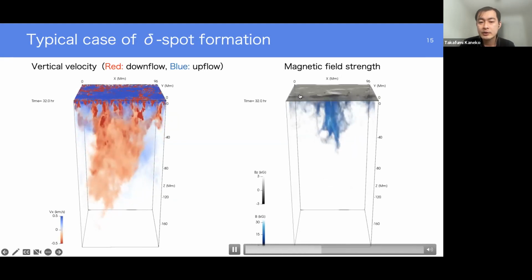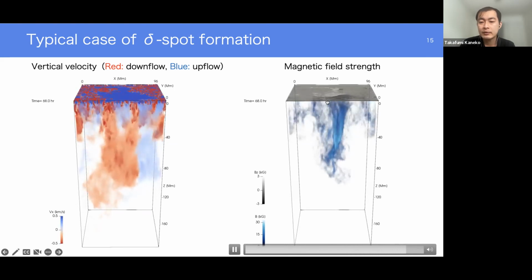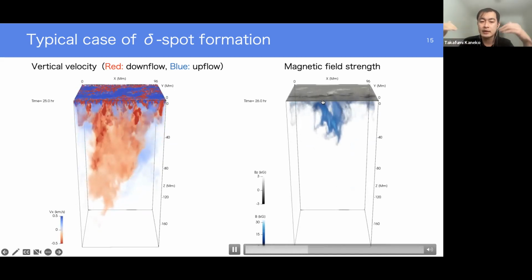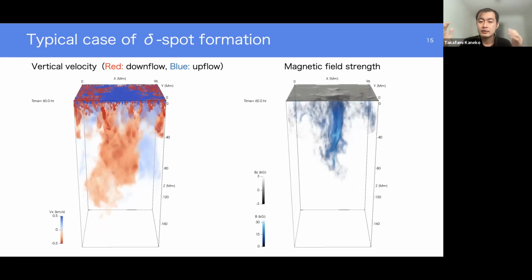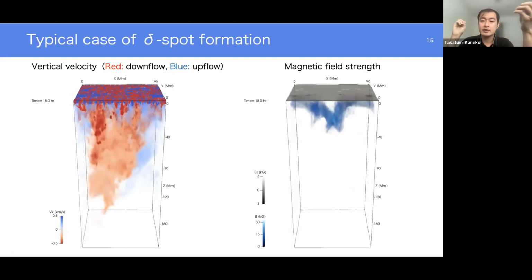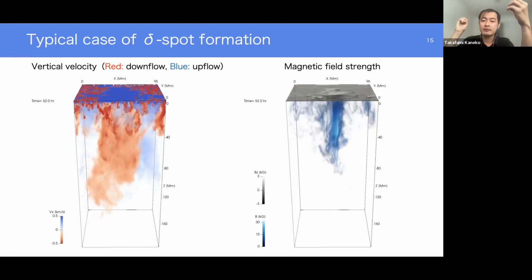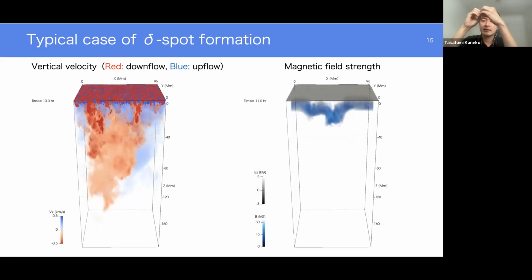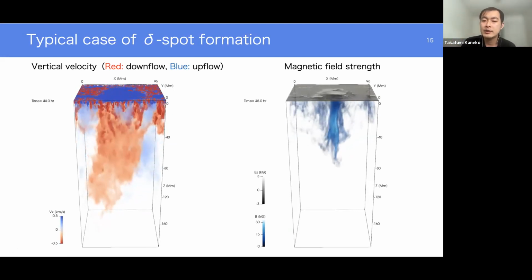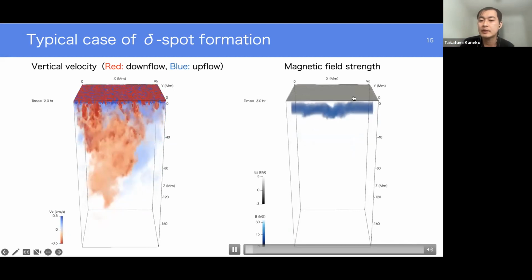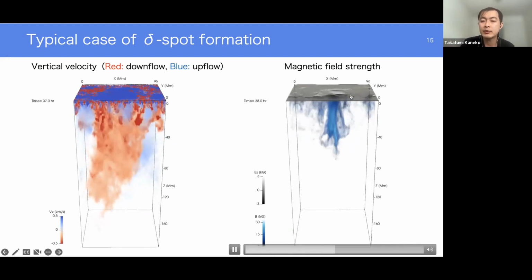In this simulation, the flux tube was deformed by the downflow, and in the photosphere the positive and negative flux collided with each other. Then eventually the delta type magnetic distribution was reproduced.